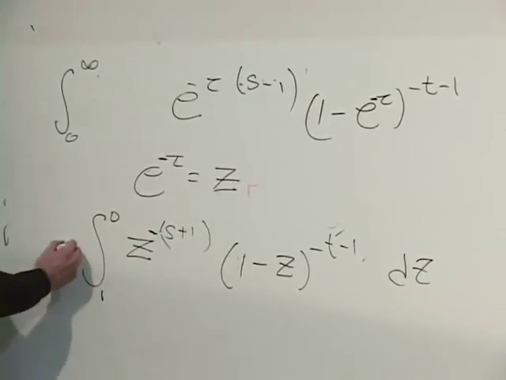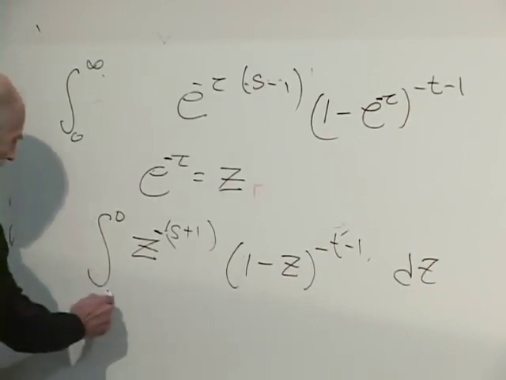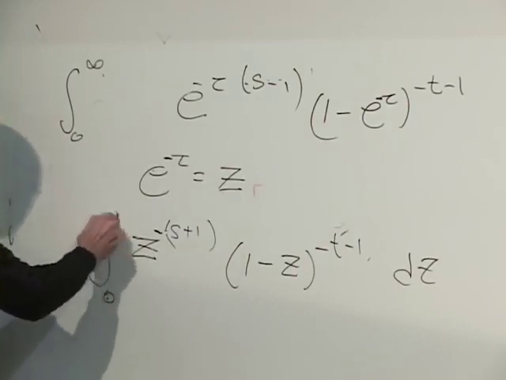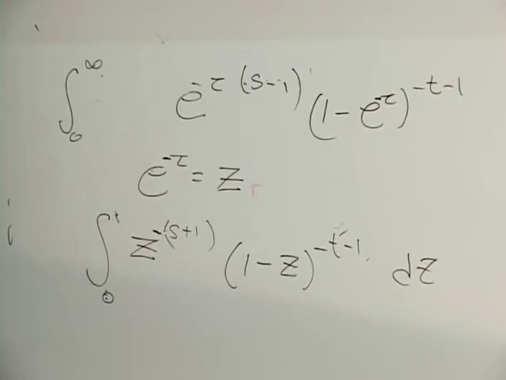Yeah, there's got to be a minus sign out here, right? Right. Then you switch the order of integration, and it becomes from 0 to 1, like this. That's correct. Right. And that's the answer. It's symmetric between s and t.